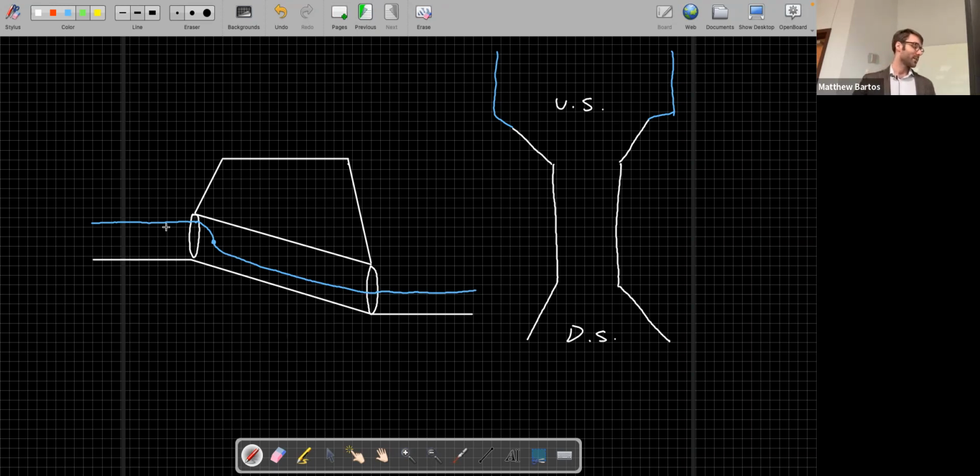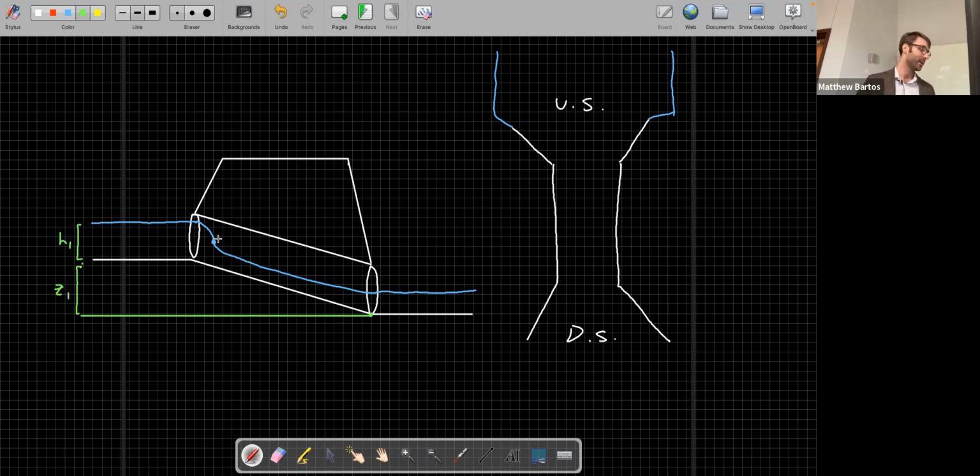So let's label our different terms here. We're going to apply the energy equation. We have that our depth at the upstream end we'll call H1. Let's say that this is our datum here, and this distance here we'll call Z1.